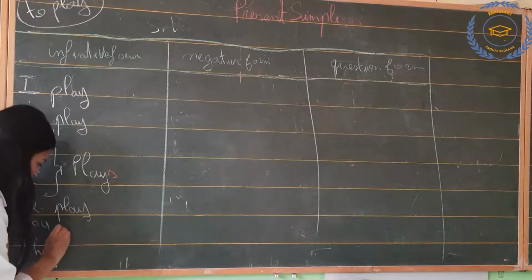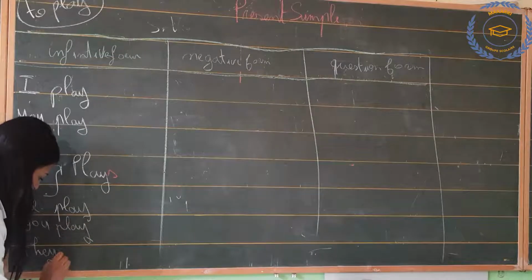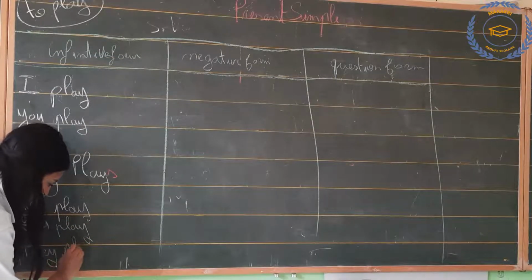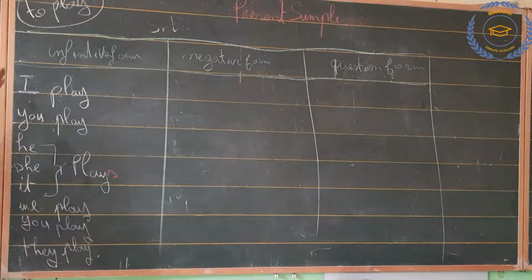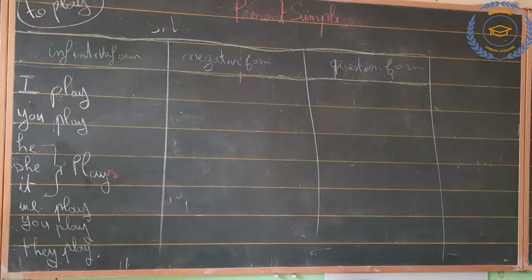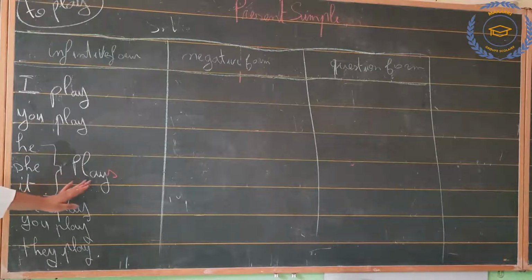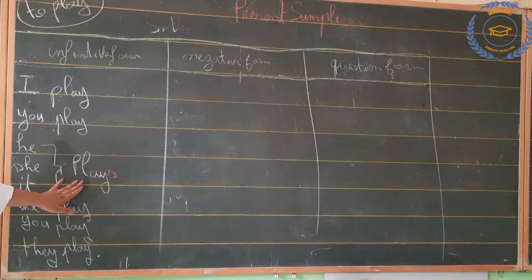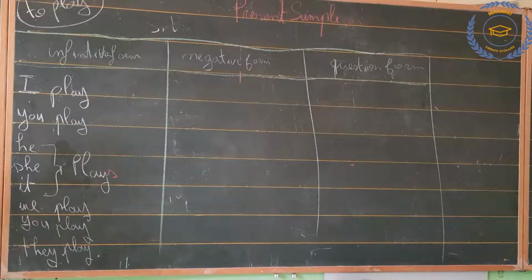You play. They play. So as you see, the only change is for third person singular. We add s to the verb. I hope it's clear. So now let's move to the negative form.